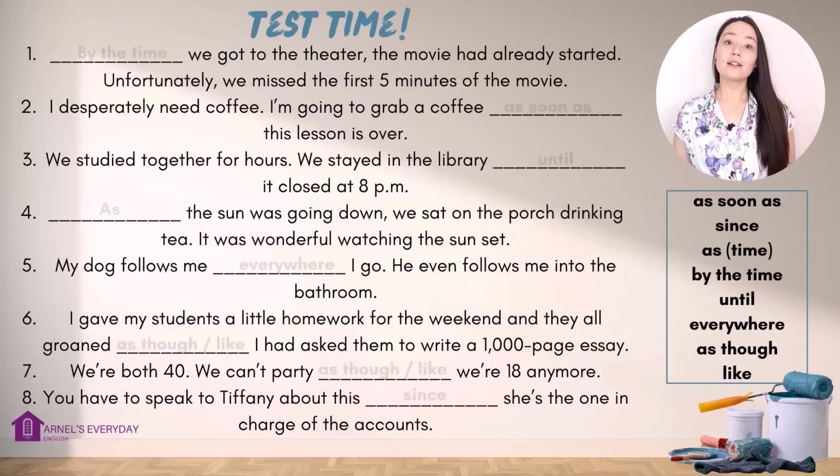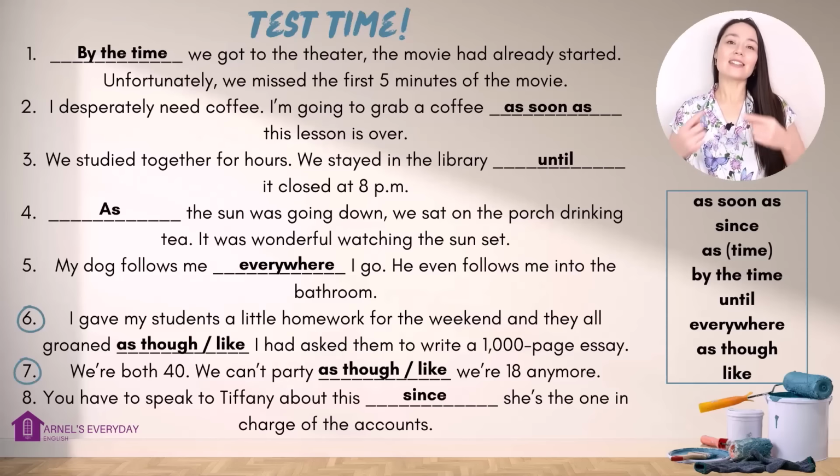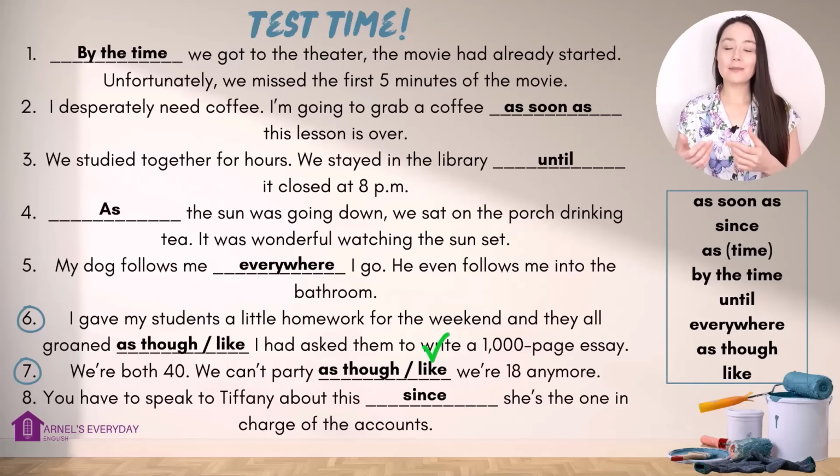Okay, here are the answers. You can see with sentences 6 and 7, yes, like and as though can be used interchangeably, but like sounds better in sentence number 7 because sentence number 7 is really informal.